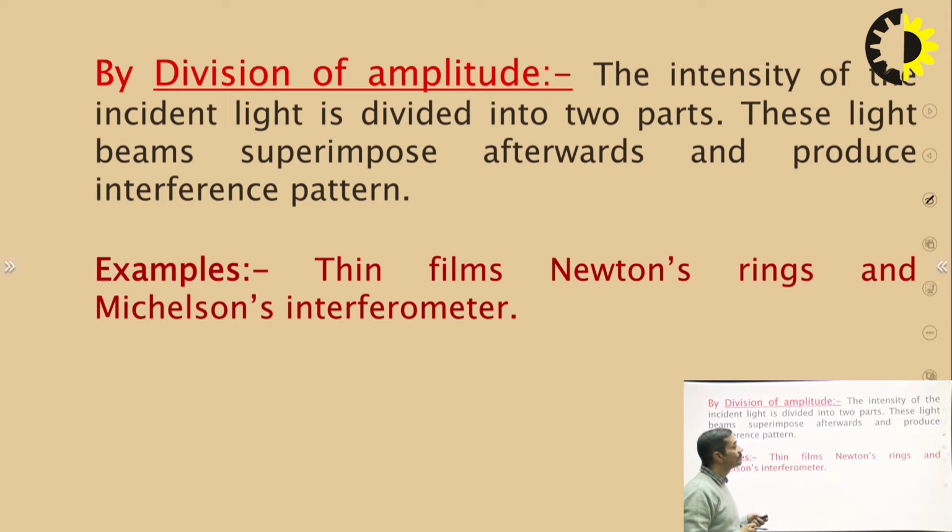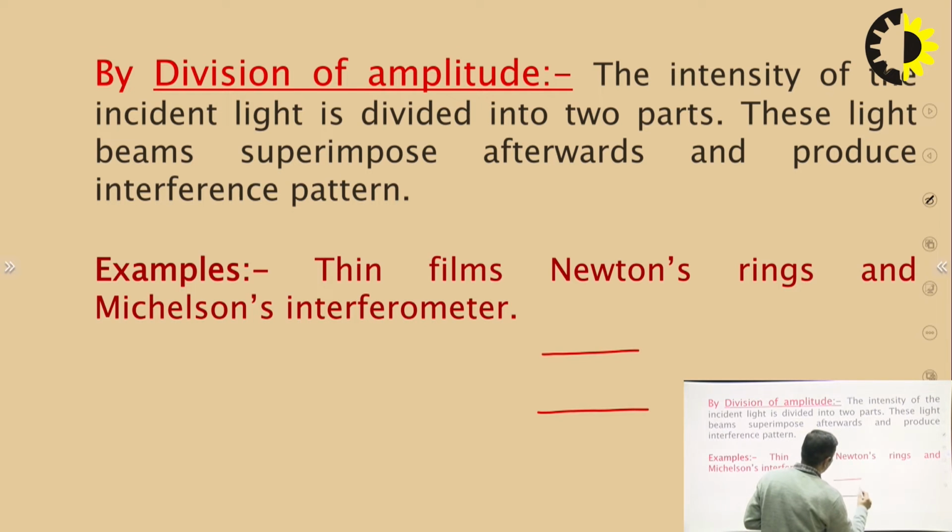Another method is the division of amplitude method. In some experiments, we can achieve coherent light sources by the division of amplitude method, like Newton's experiment, thin films, Michelson interferometer, etc. In this process, we divide the amplitude of the incident light.